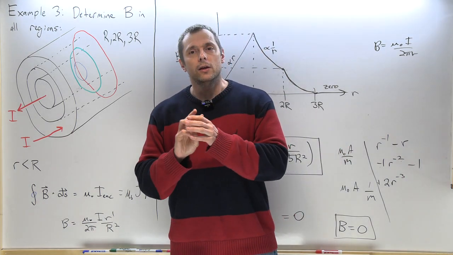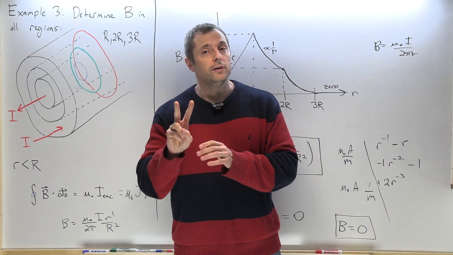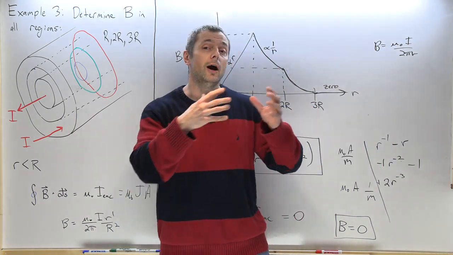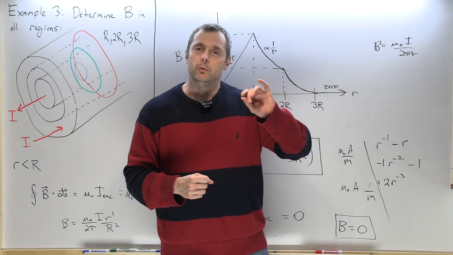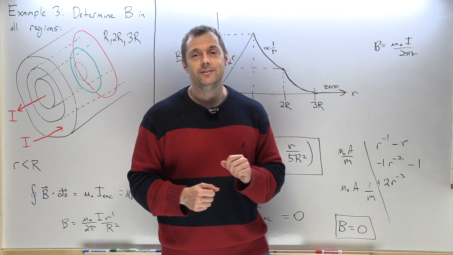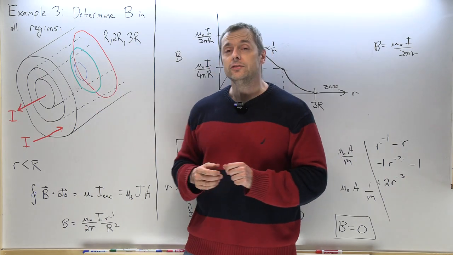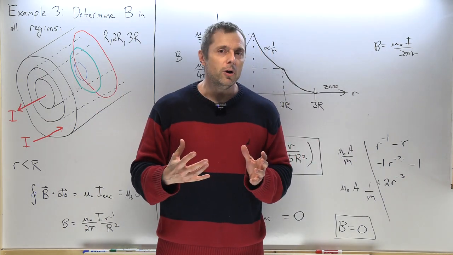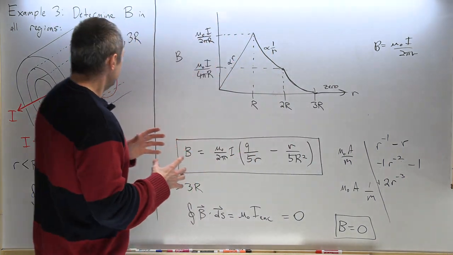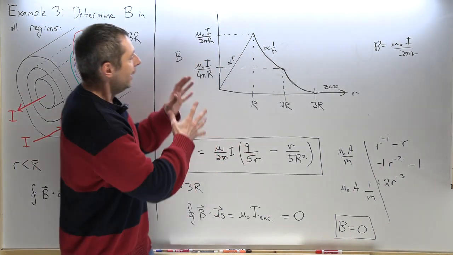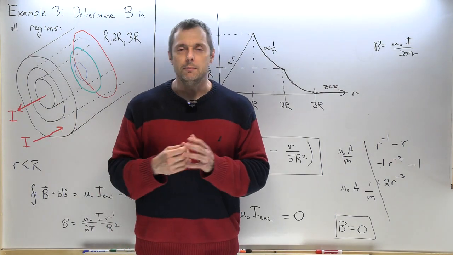Then we looked at two other examples, the magnetic field around an infinitely long wire. We derived mu 0 I over 2 pi r again with Ampere's law, really quick and easy. It was nice, right? And then we looked at this coaxial cable, and it was a little bit more involved. But again, we did the magnetic field in all 4 regions, and we plotted, again, using Ampere's law.